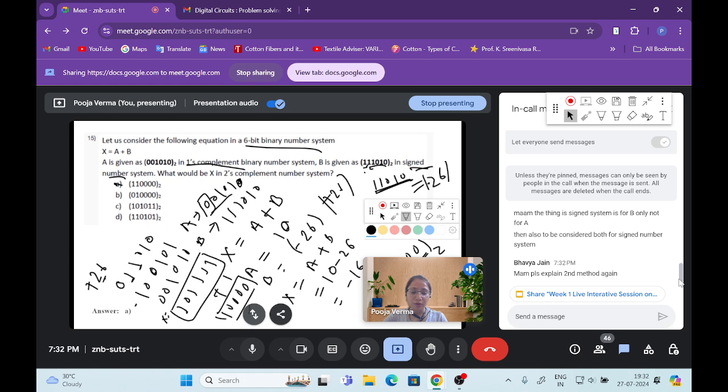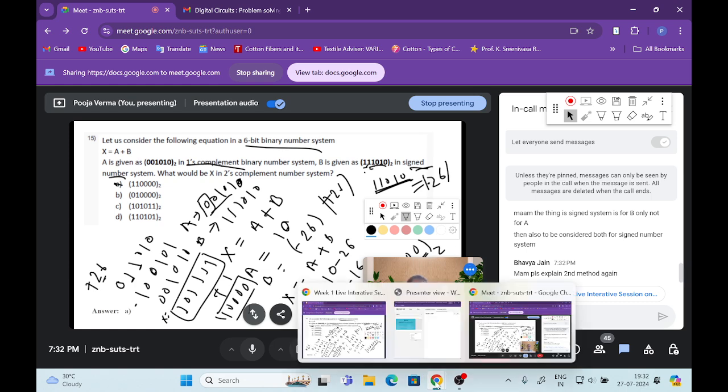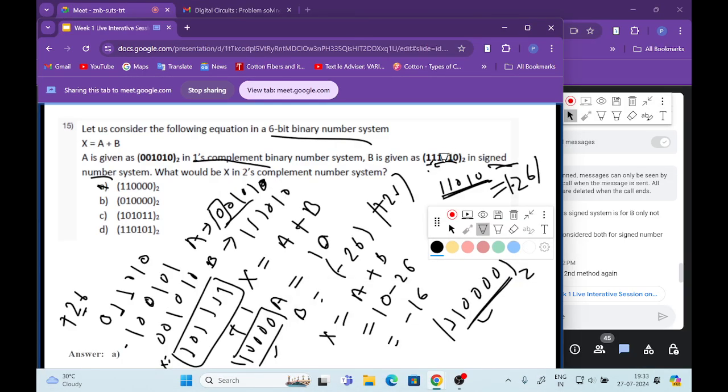Already we know that for a signed number system we need to check whether the MSB is 0 or 1. If it is 1, then it is a negative number. Taking the decimal number, that is 26, let's take 26 as a positive number, the second method.